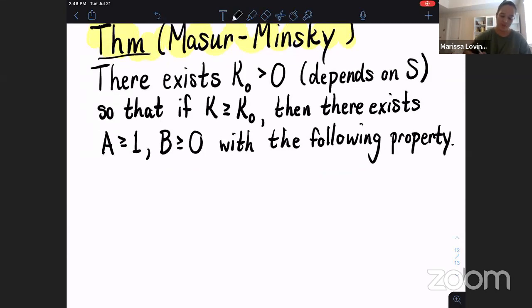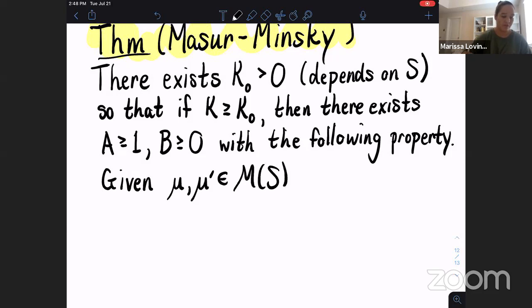Okay, so now we're going to take two vertices in our marking graph. Take two markings of our surface, U and U prime. Then we have this relationship between them.